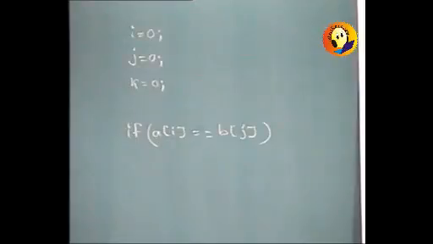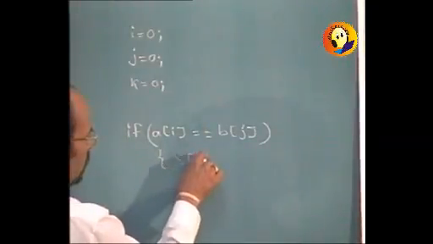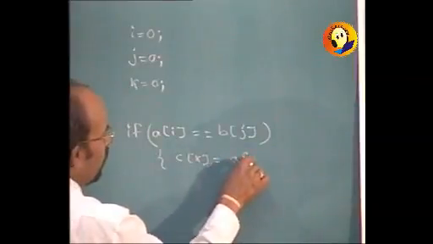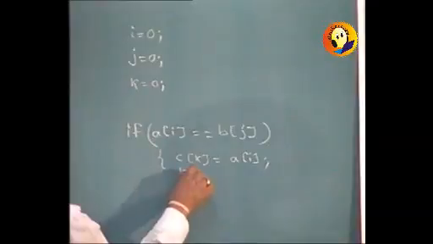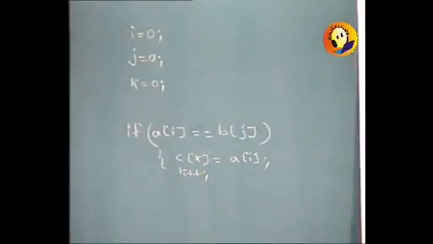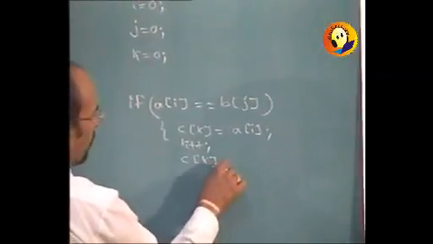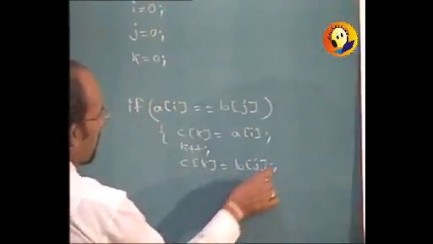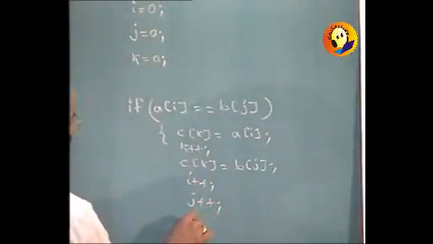if both the elements are equal, then C of K will be A of I. It will be copied twice, like 2. So copy element from A, copy element from B also. C of K is equal to B of J. Then I plus plus, J plus plus, K plus plus.